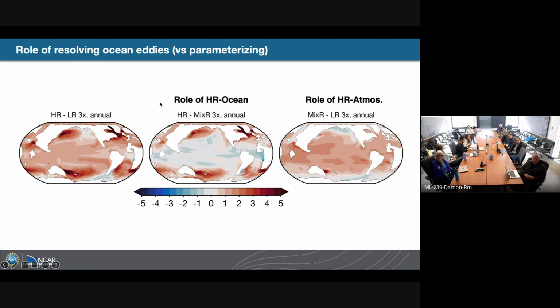Comparing high resolution against mixed res gives us the role of high resolution ocean. And when you compare the mixed resolution against the low resolution, the difference gives us the role of high resolution atmosphere. And you can see that the enhanced SST warming over mid to high latitudes can be attributed to high resolution ocean, consistent with our understanding that eddy is contributing to this SST warming.